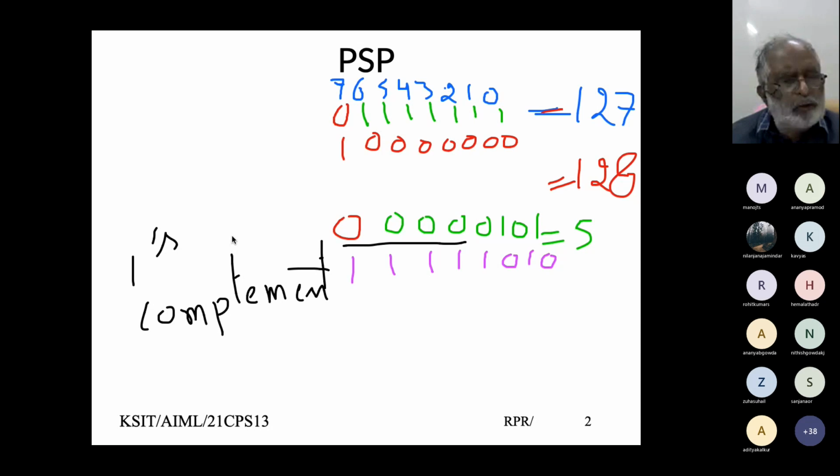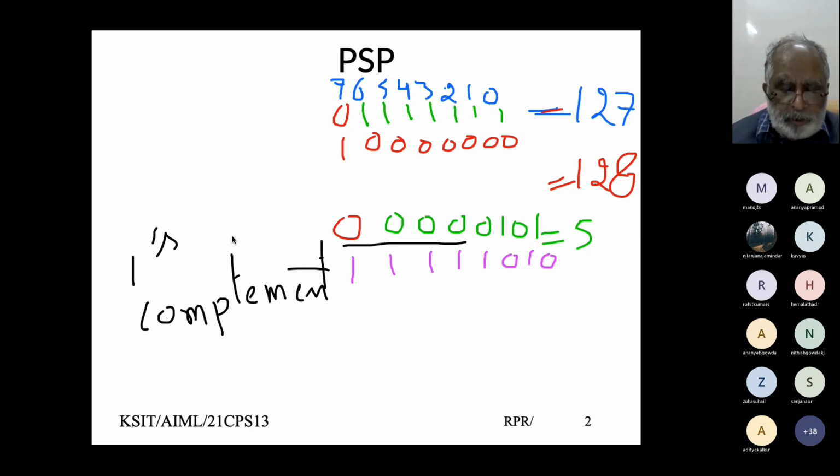For computation, in all our computing systems, what we use is called 2's complement. Why do we use that? Let's look at a simple case. We know that if we take a number 5 and add it to -5, we should get 0.